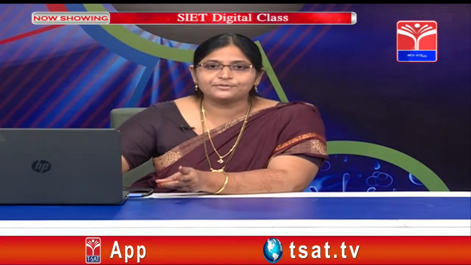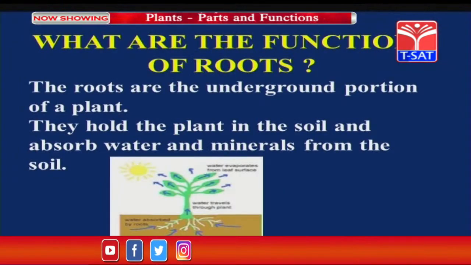The root mainly helps in two functions. What are those? First, it gives anchorage, that is, it gives support to the plant to stand in the soil. And the second one is that it helps in absorption. What does it absorb? It absorbs water and nutrients from the soil. What are the functions of roots?